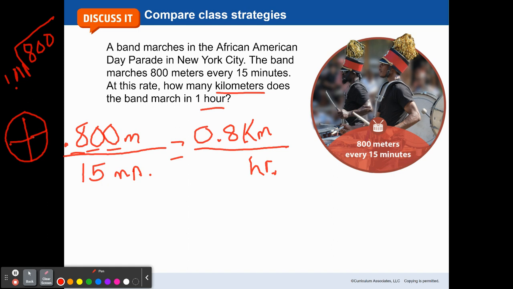So 15 is 1/4 of an hour. Because that's 1/4 of an hour, I know that the decimal that matches that is 25 hundredths. So that's what I would go with, which means I can now divide.